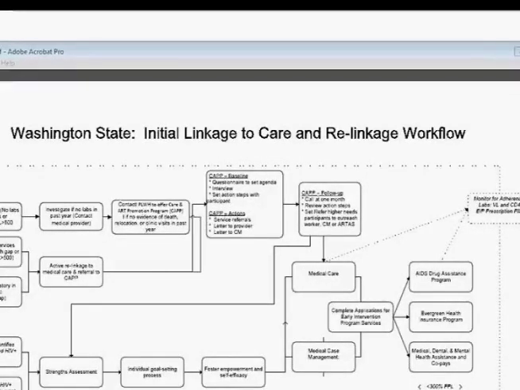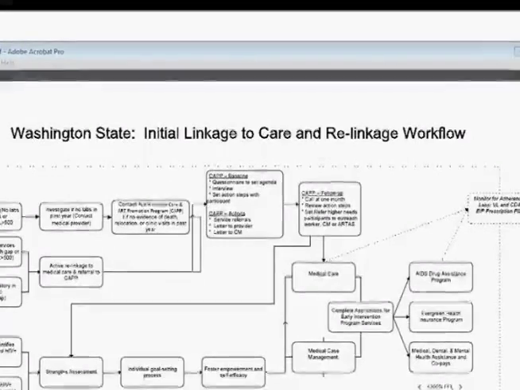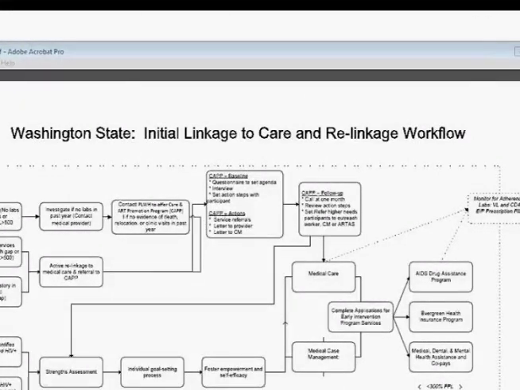So one of the things that helped us address this challenge of reorganizing and managing our resources, and something I'd encourage people to do wherever you are, is to really make some system maps that show you the flow of the work and where the connections are.